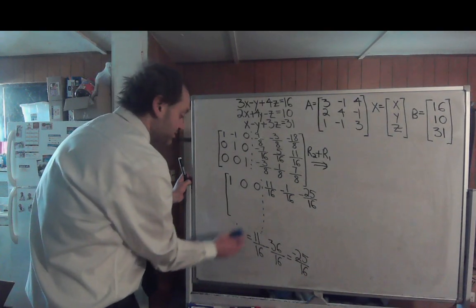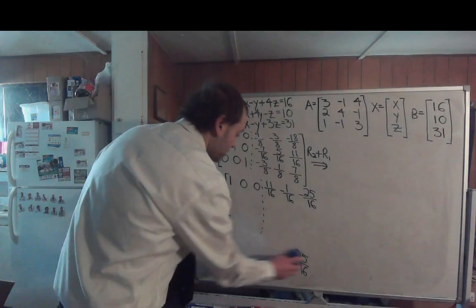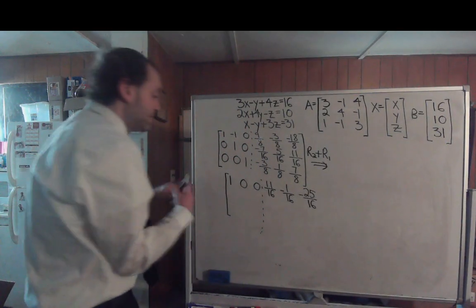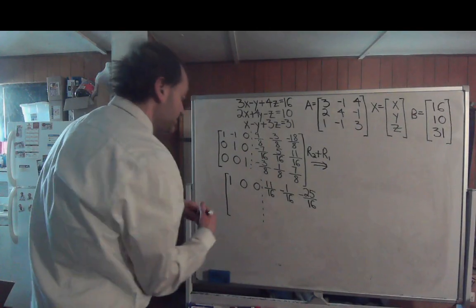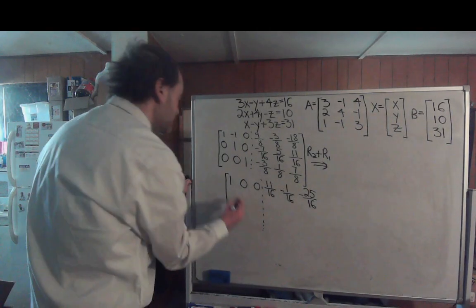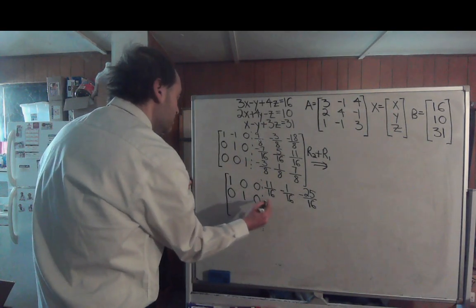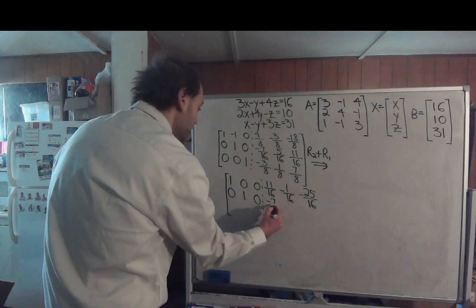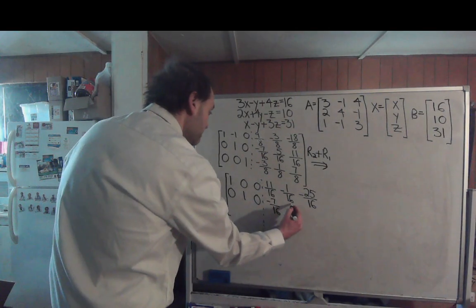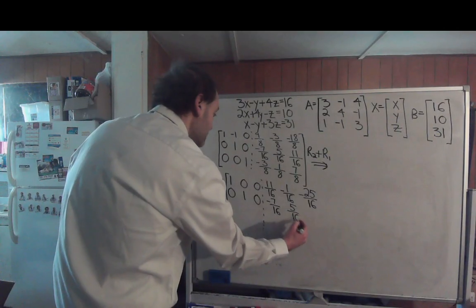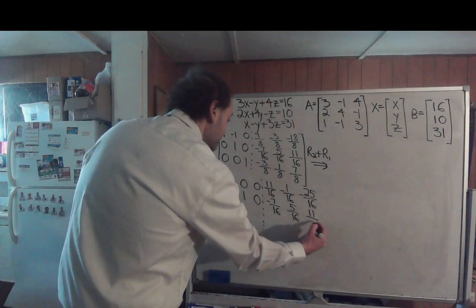So there is row 1 finally in reduced row echelon form. Now let's deal with writing the rest of the rows. So you have 0, 1, 0, negative 7/16, 5/16, 11/16.